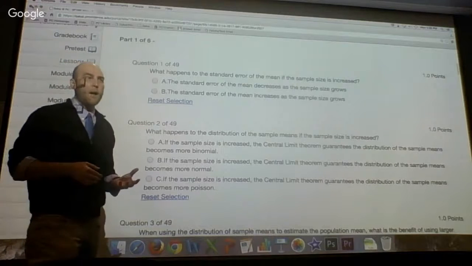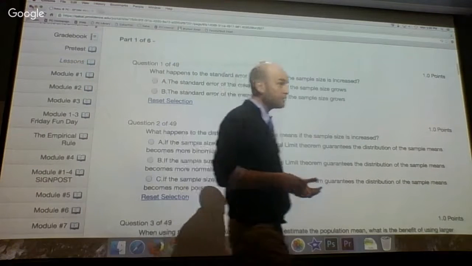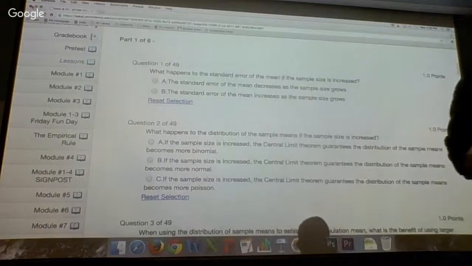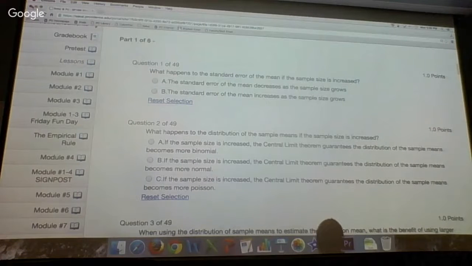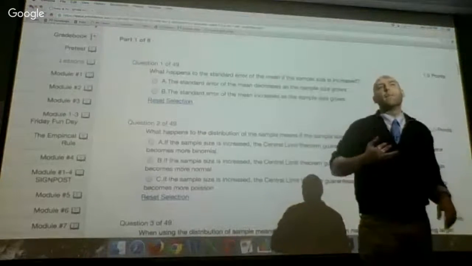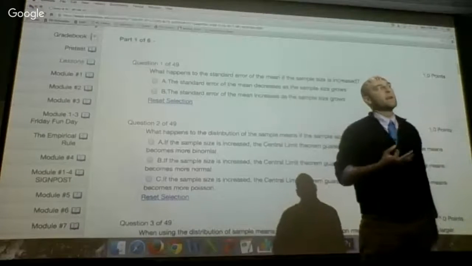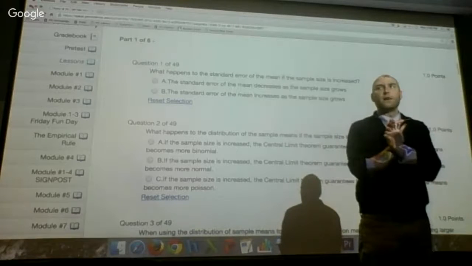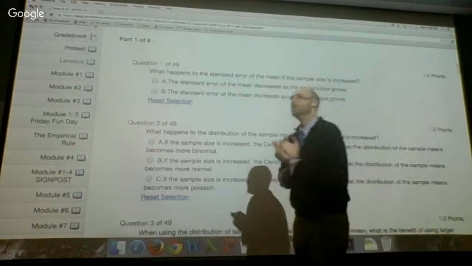If you've looked at these homework problems, you'll see exactly what I'm talking about, because we'll have the same population mean, same population standard deviation, and the same sample size. Those last two together mean it's the same standard error.